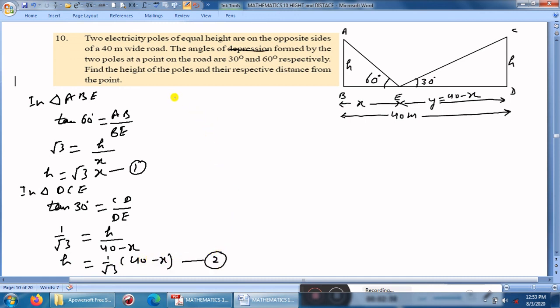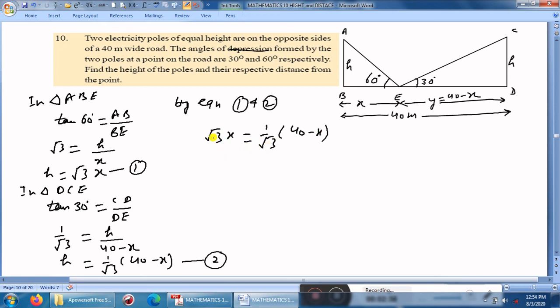By equation first and second, what will happen? The H values are both equal. So we can write root 3 X is equal to 1 by root 3 times (40 minus X).